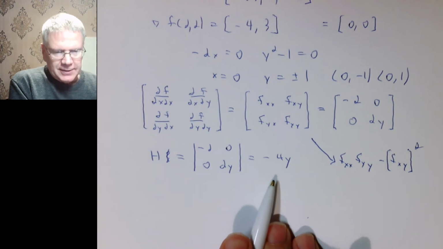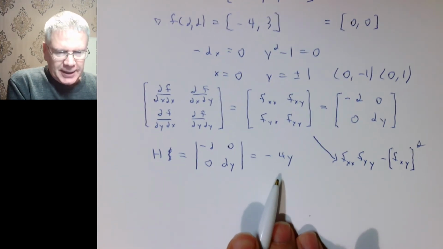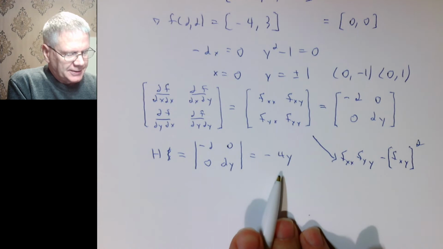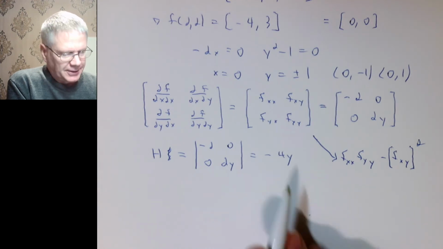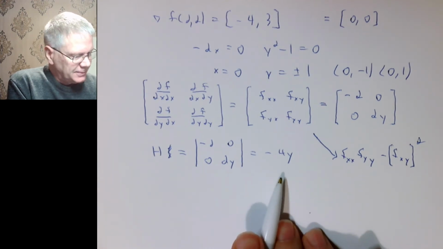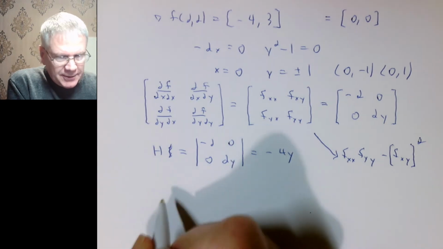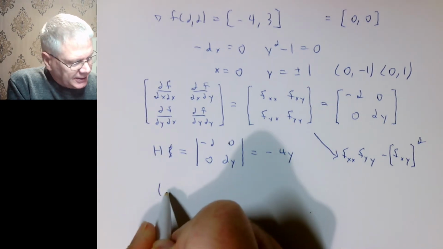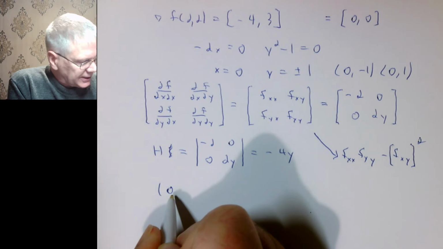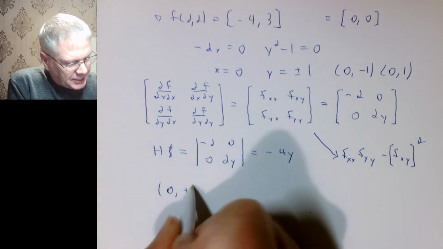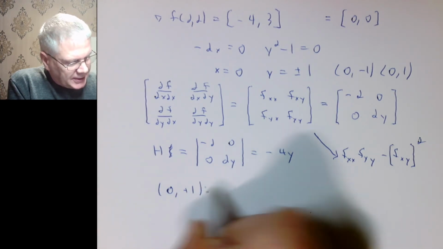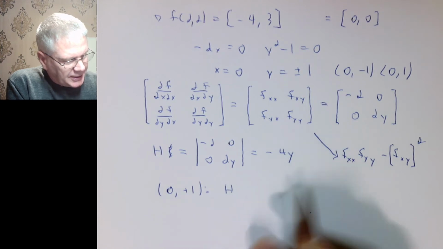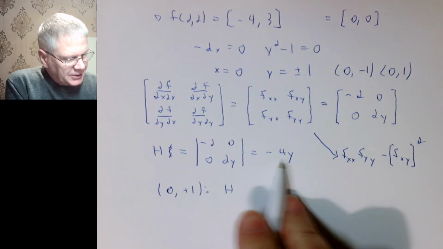So what we have now, one way or another, is a Hessian determinant. Sometimes the book calls it D for determinant. But it's -4y. And we have 2 points to look at this at. At 0 and +1, this Hessian is -4 times 1.